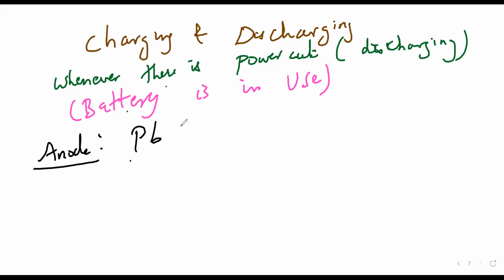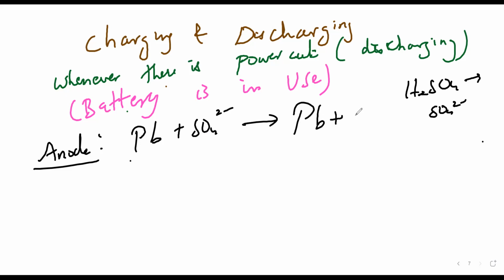The lead will be reacting with the sulfuric acid, which is the electrolyte here. H2SO4 gives SO4²⁻ and hydrogen ions. Lead reacts with this SO4²⁻ to give lead sulfate, PbSO4, and it will give away 2 electrons.